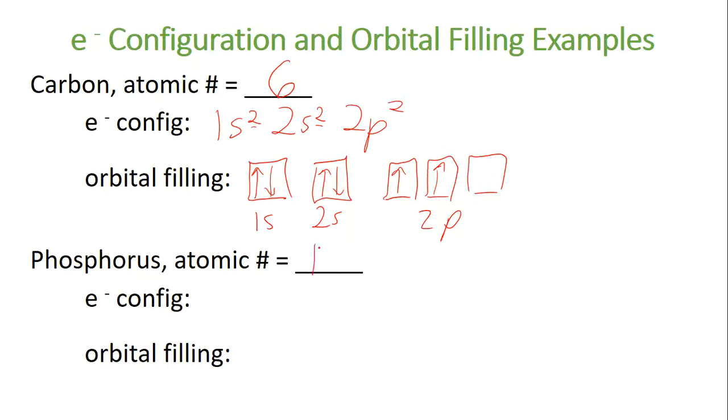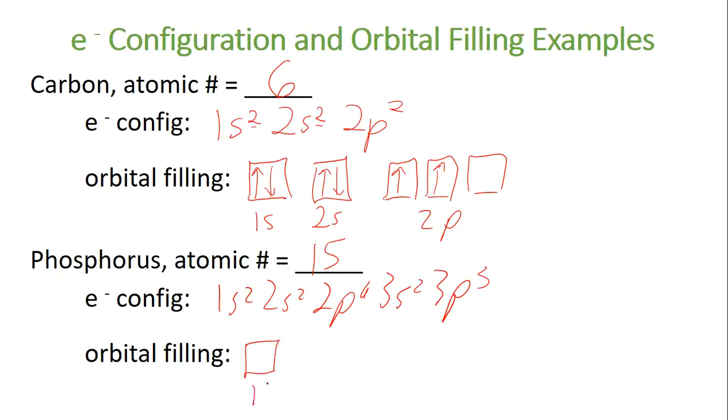So we can try again with phosphorus. Phosphorus has an atomic number of 15. That'll be 1s2, 2s2, 2p6, 3s2, 3p3. And orbital filling wise then, the 1s has an up and a down because there's 2 electrons in it. The 2s, same thing, an up and a down.